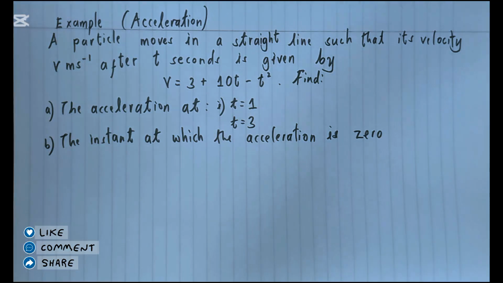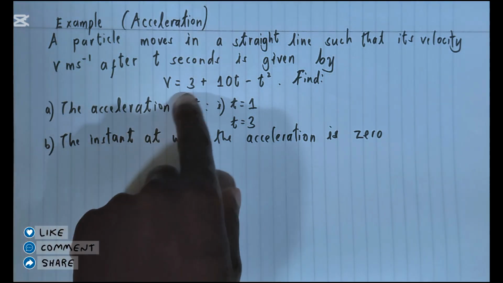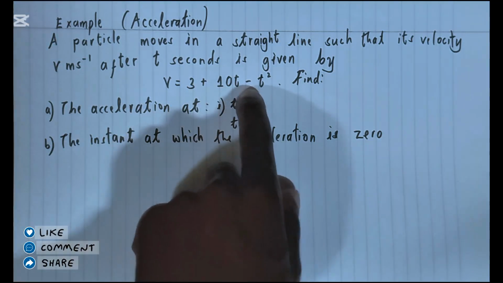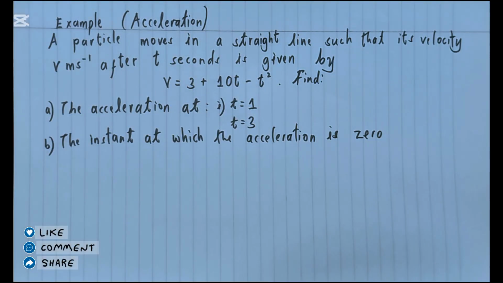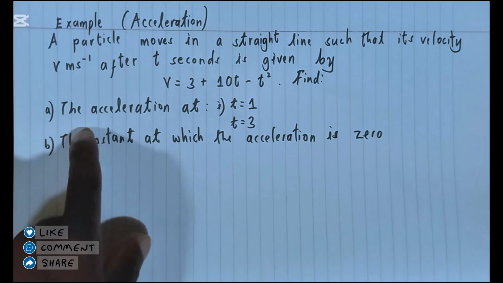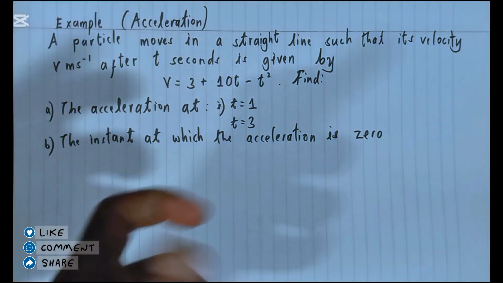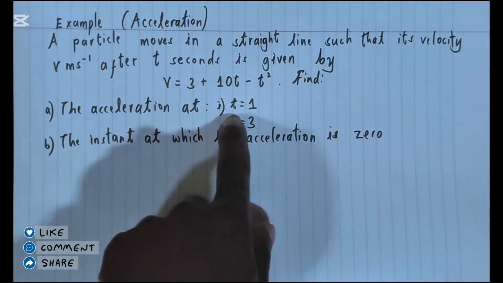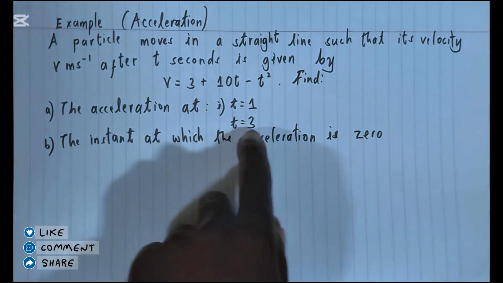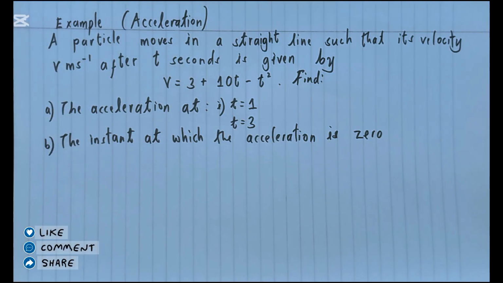So this particle moving in a straight line has velocity 3 plus 10t minus t squared, and we are supposed to find the acceleration at t equals 1 second and t equals 3 seconds.